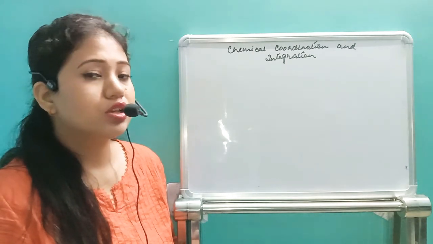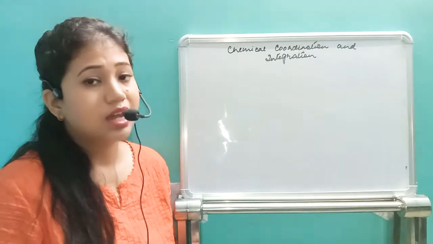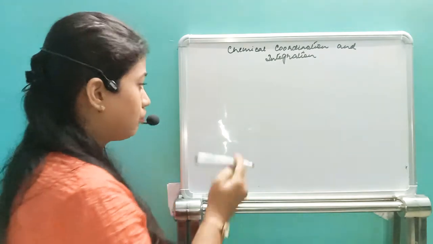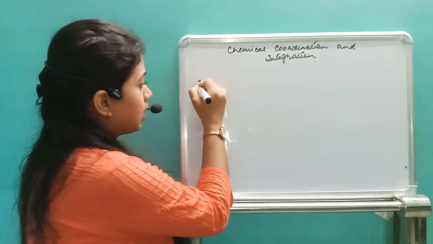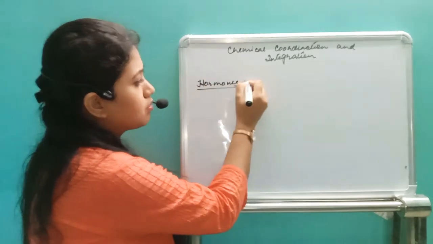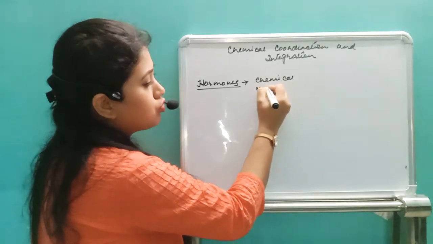So in this chemical coordination, we are going to have different organs that secrete some chemicals, and those chemicals are called hormones. These hormones are nothing but some chemicals, but non-nutrient chemicals.